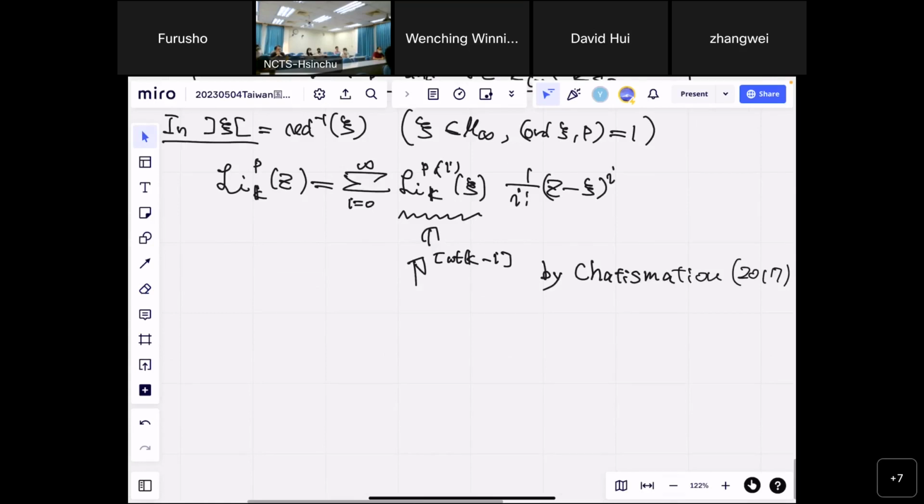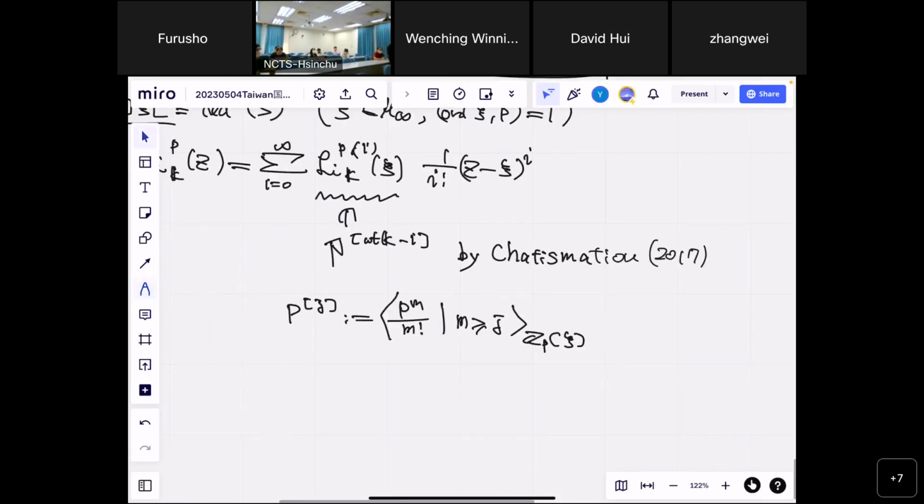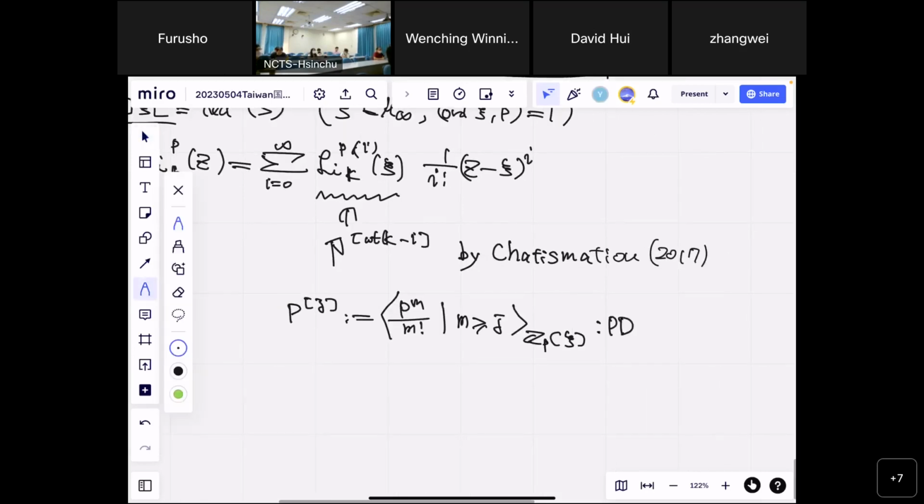This is the PD ideal. What's a PD ideal? Let me briefly explain. PD is called divided power, so PD ideal.